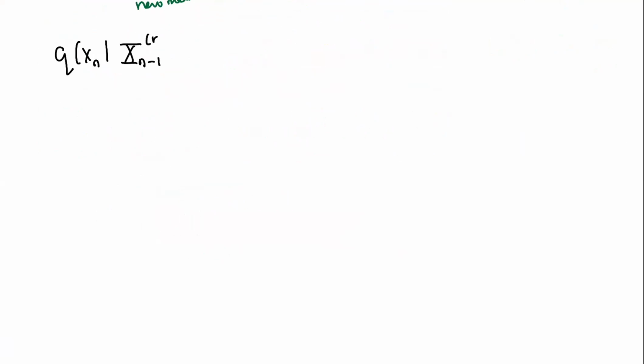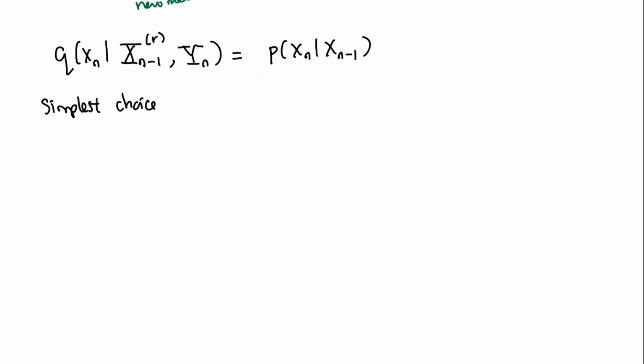So this is the true importance sampling. We're going to assume that instead of this, we're going to use this transition probability. It turns out to be the simplest choice, but also the worst.